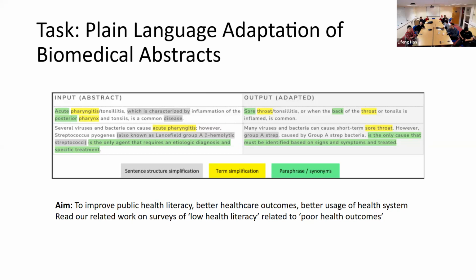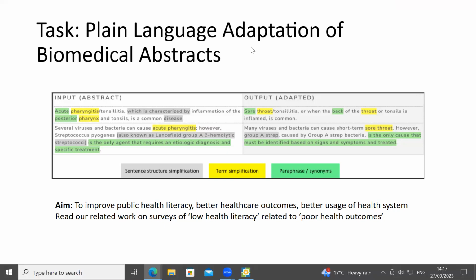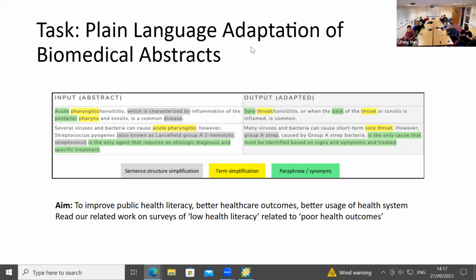Is the task clear? Yeah. Can we raise some questions? Yeah, I guess "very acute" could be replaced by "very", but not in this context, right? Acute pharyngitis couldn't be replaced with "very throat". Or "very sore throat".